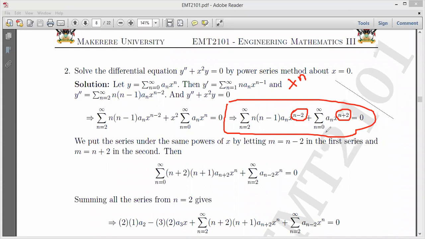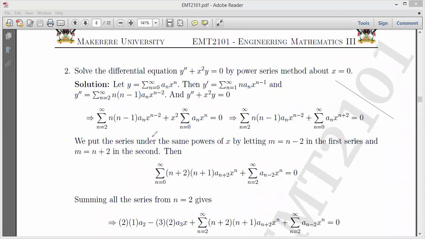So we deal with this fix in steps. There is a guiding statement: we put the series under the same powers of x by letting this one. We first fix this one here, going back to the same story as in the first series.